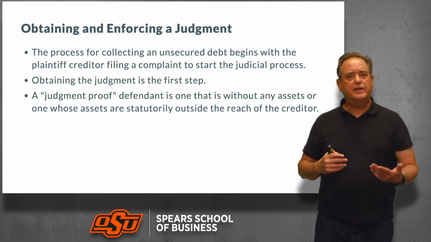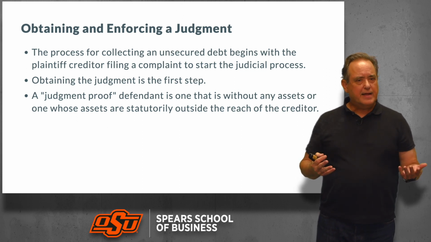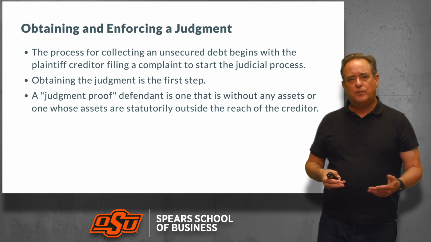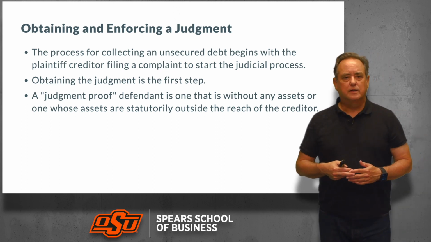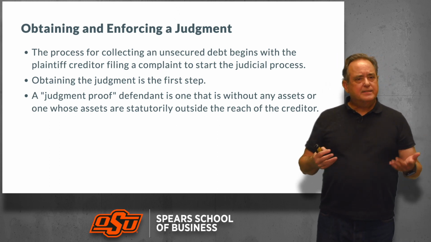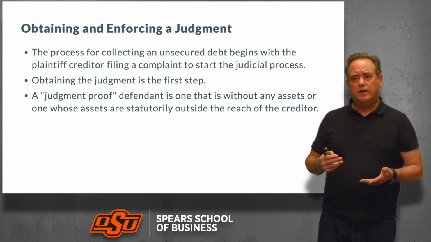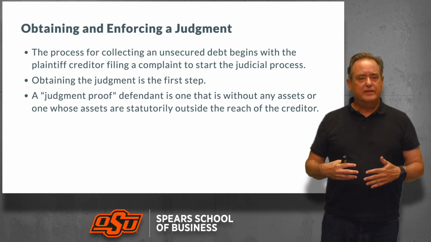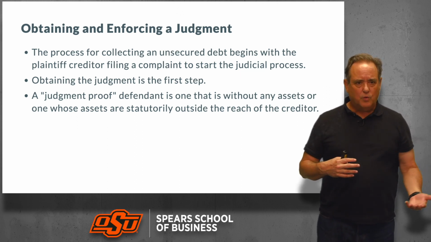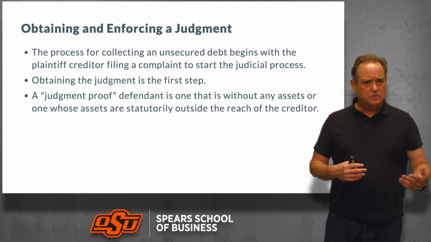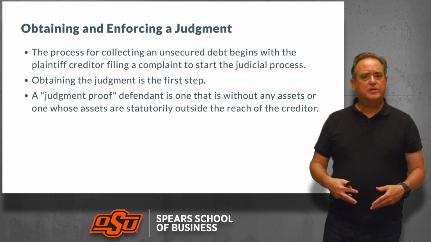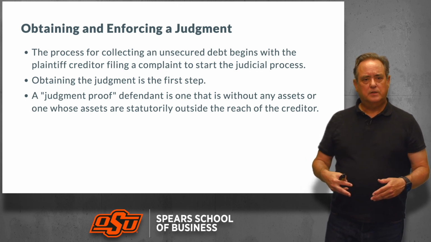A judgment proof defendant is one without any assets, or one whose assets are statutorily outside the reach of the creditor. States like Texas and Florida, which were created in large part by individuals who were seeking to avoid repaying loans, provide a very broad protection for debtors.